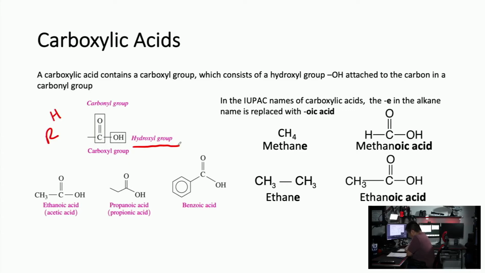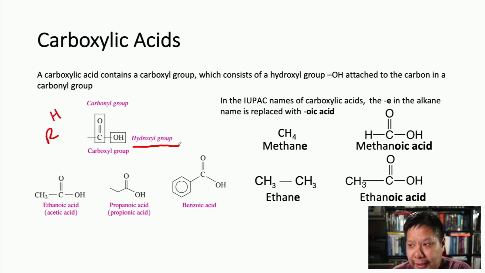Right? So we can name carboxylic acids very easily. All we have to do is take the E from the alkane name, and change it to oic, and you have the carboxylic acid's name. So, say you have methane, which means it has one carbon in it.